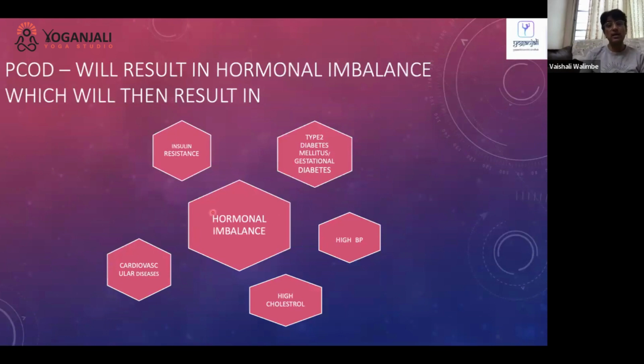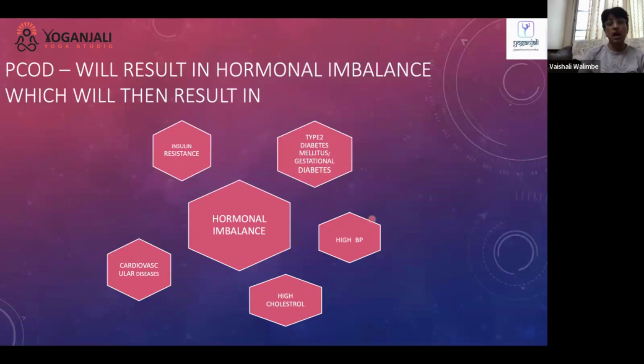When hormonal imbalance happens, there is also the fear of insulin resistance forming. There is a fear of type 2 diabetes mellitus, or in the case of pregnant women, gestational diabetes happens, and again there is a problem. Even if the woman gets pregnant, this is the problem.